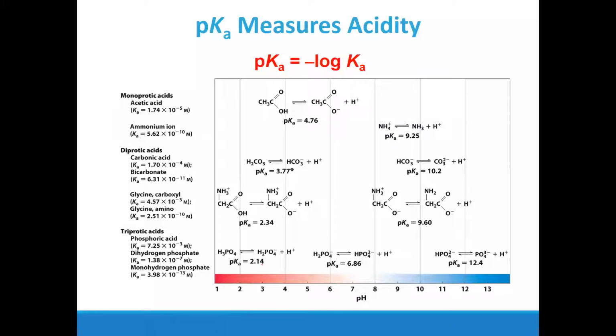So pKa can be thought of, the reason the scale is useful, the reason we talk using pKa, because the pKa number is going to give you a general idea of the pH at which the acid is going to dissociate from it.